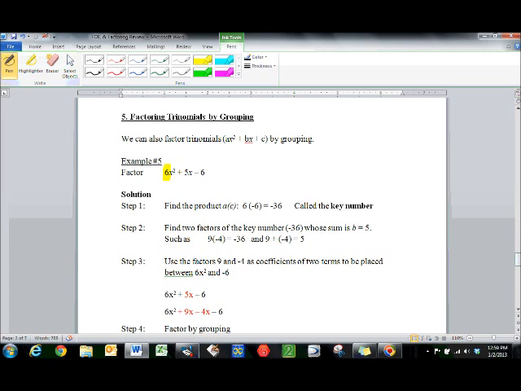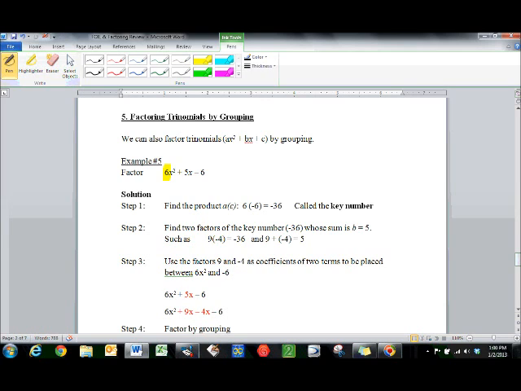Unfortunately, this process can be very cumbersome, and it can take a very long period of time to come up with the right pattern. Sometimes you get it on the first time, sometimes it takes you 12 or more guesses, if you will, to get the right combination of terms.